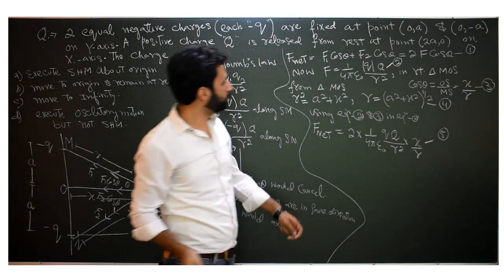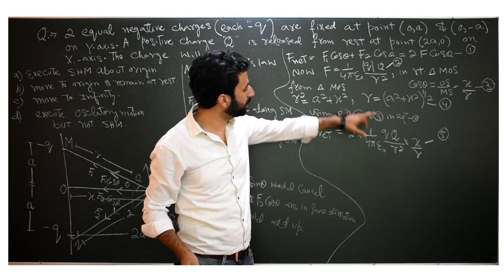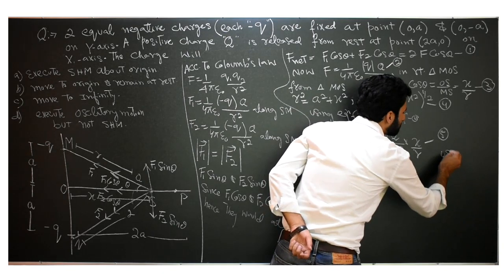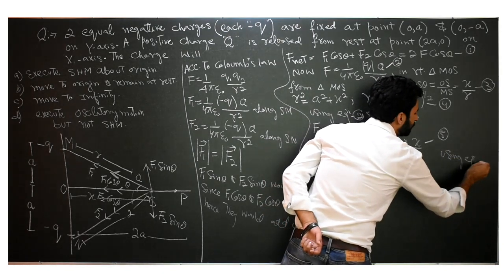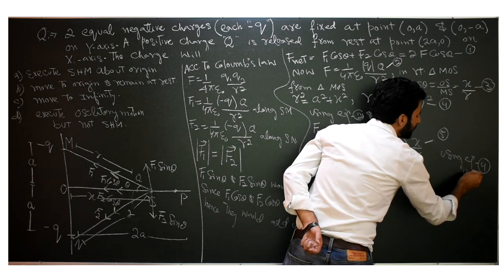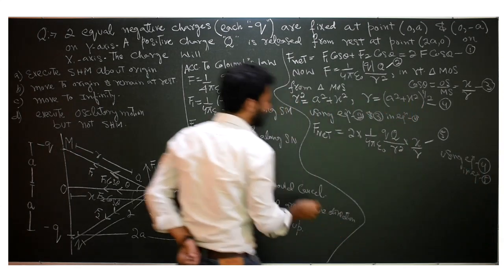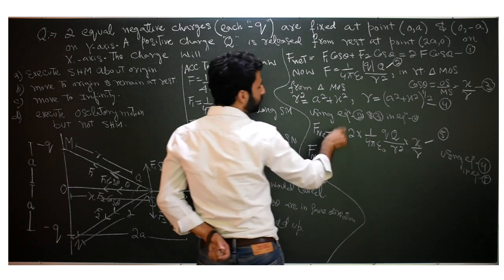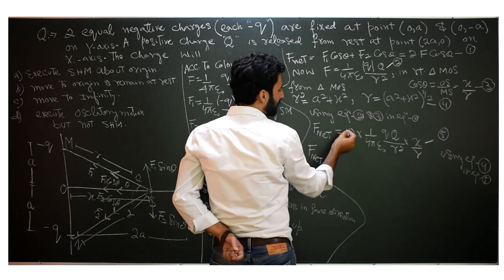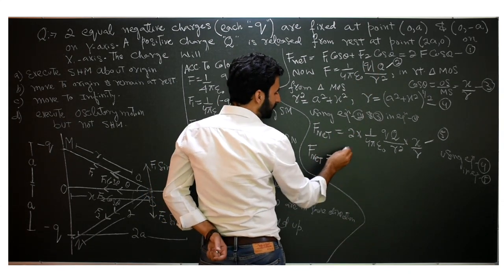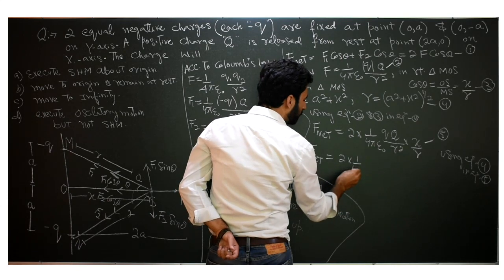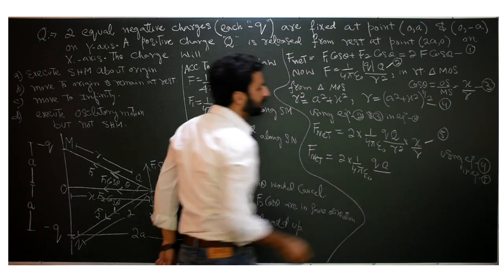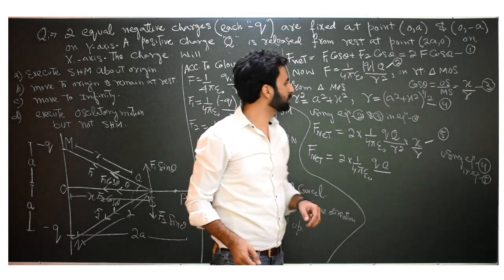Now we can use the value of r from equation 4 in equation 5. What we'll get is the net force. Even if we take the negative sign also here, we can have the negative sign there. Magnitude it will be 2 into 1 upon 4 pi epsilon naught, small q into capital Q divided by r square into r, which means r cube.